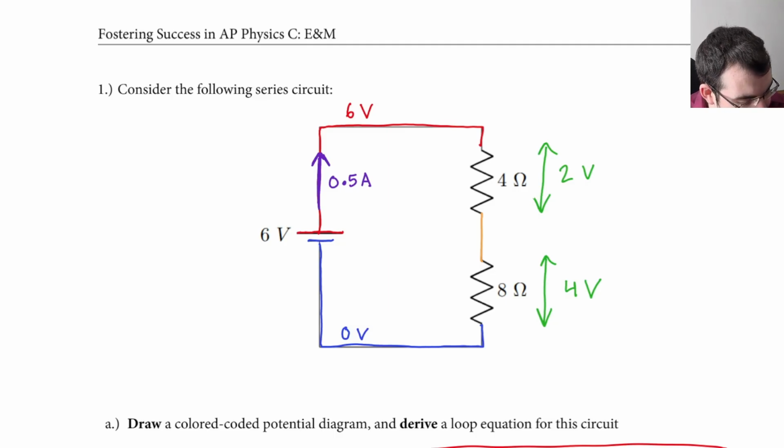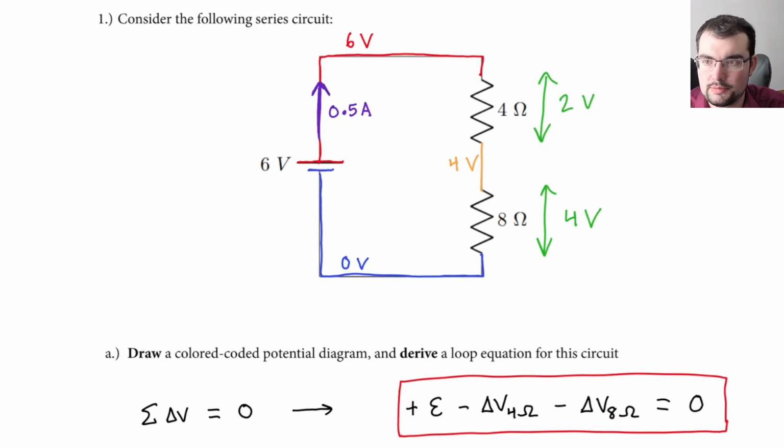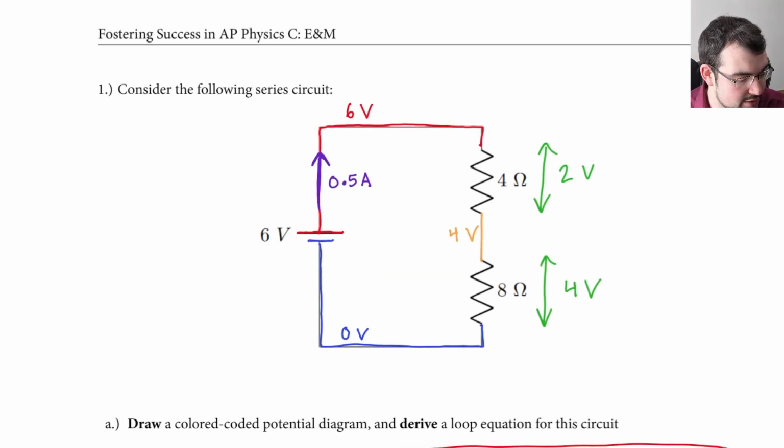So this means our little intermediate potential here is 4 volts. You know your loop rule works if you can get these intermediate potentials forwards and backwards. Going forwards, 6 volts, drop 2 gets me to 4. Going backwards, 0 volts, gain 4, also gets me to 4. So it works. Great. These loop rule equations are consistent with our normal analysis.